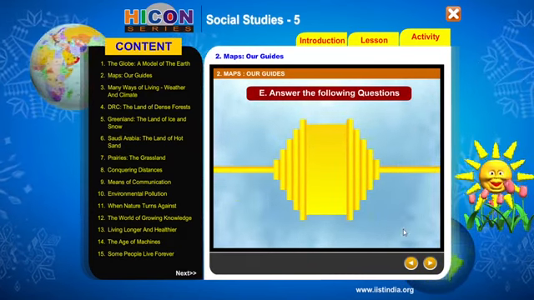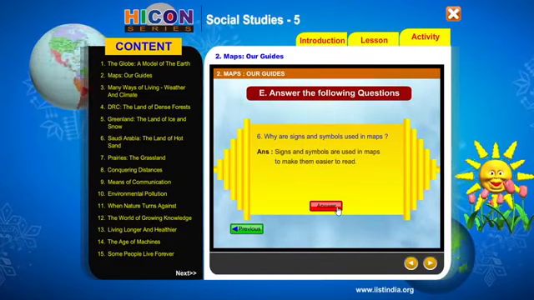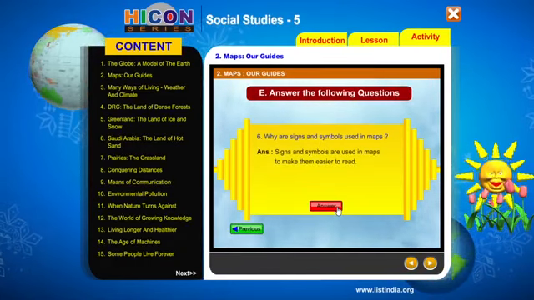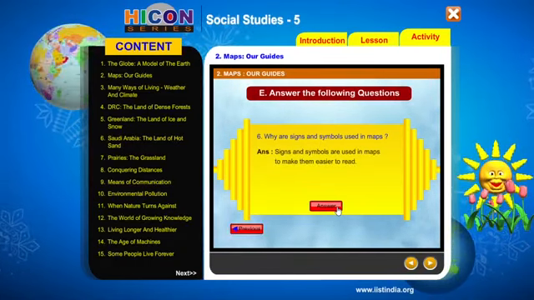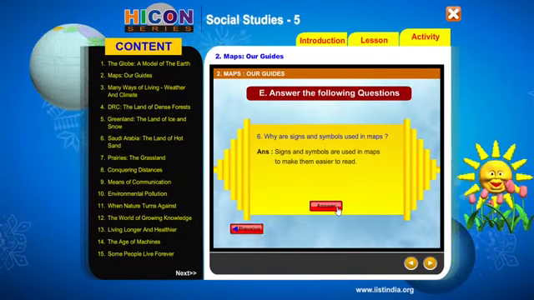The next question. Why are signs and symbols used in a map? Signs and symbols are used in maps to make them easier to read. In the lesson also we have gone through this point, isn't it?